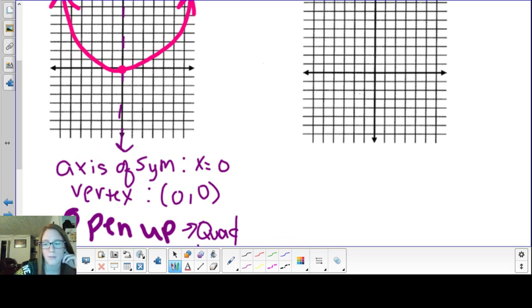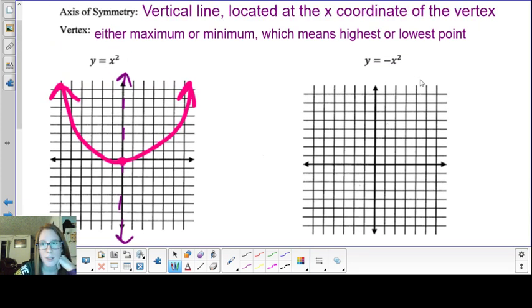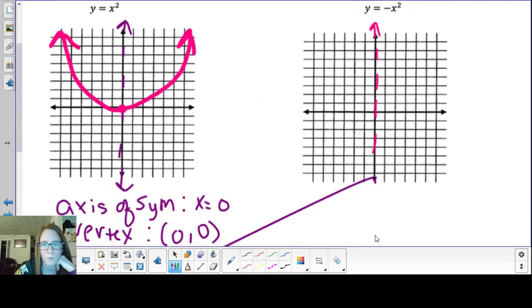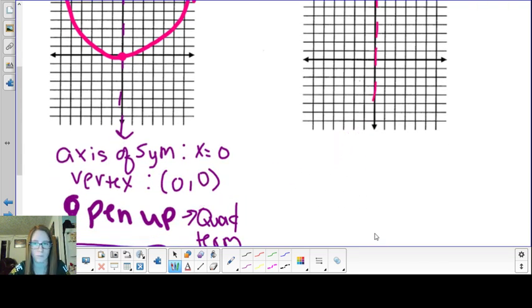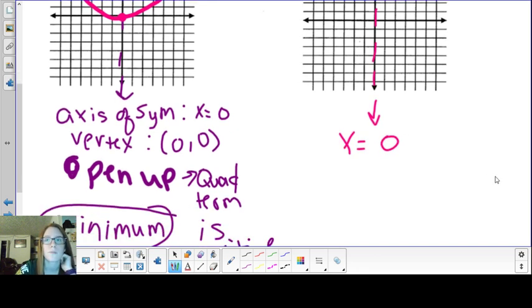When you have a negative version, the only difference is that you're going to flip down. Your axis of symmetry is still going to be x is equal to 0. Your vertex is still going to be at 0, 0.